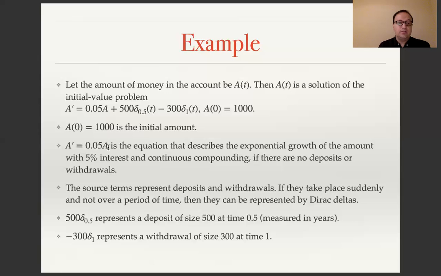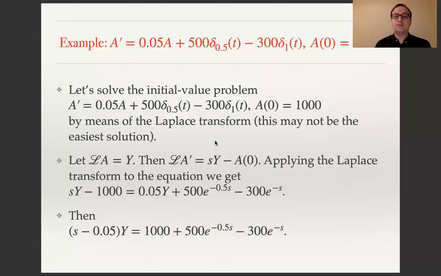And since we have deposits and withdrawals, we have extra source terms, which in this case are represented by Dirac delta functions because they happen instantaneously. So let's solve this initial value problem by the Laplace transform, even though this may not be the easiest way of solving it.